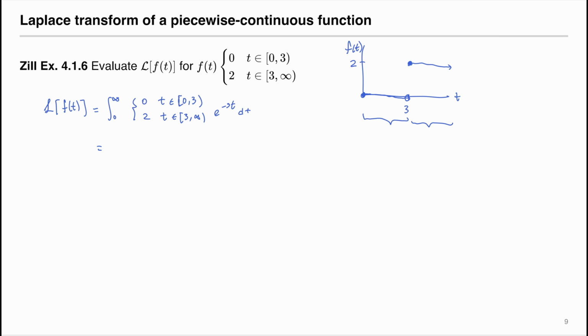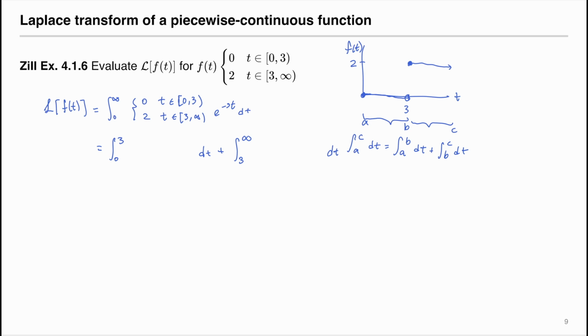This is because if we integrate from a to c, say this is a, b, and c, then it is equal to integrating from a to b dt plus from b to c dt. We can use that here. So we can integrate from 0 to 3 and then integrate from 3 to infinity.